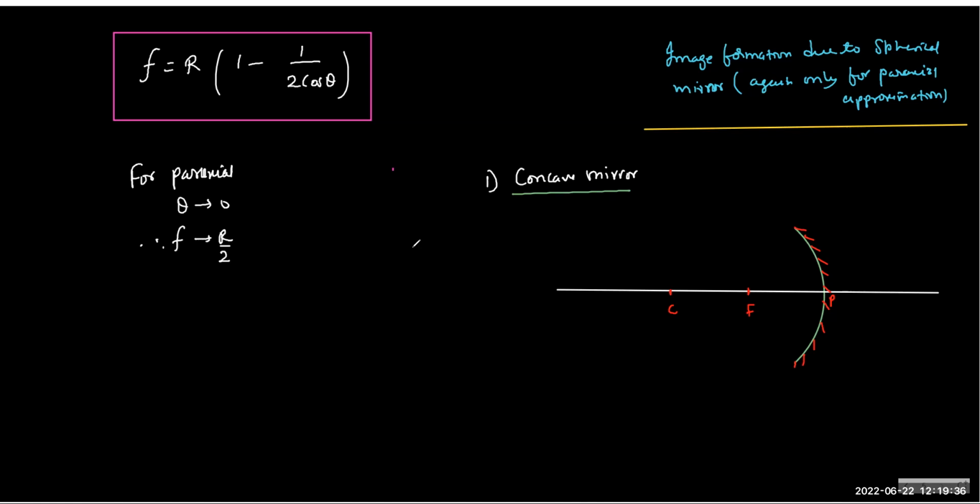So the rule which you must remember, as a note I can add: any ray coming from a distant object is always taken as paraxial.